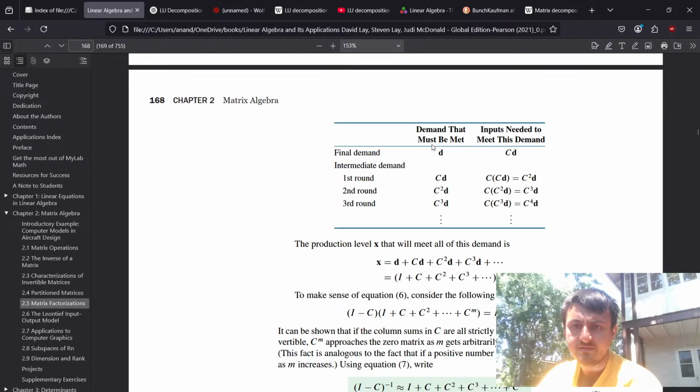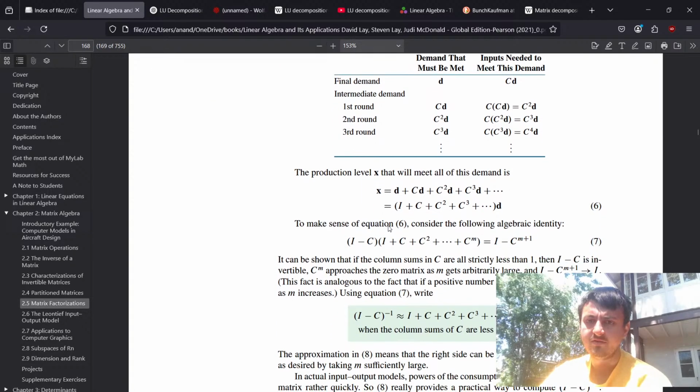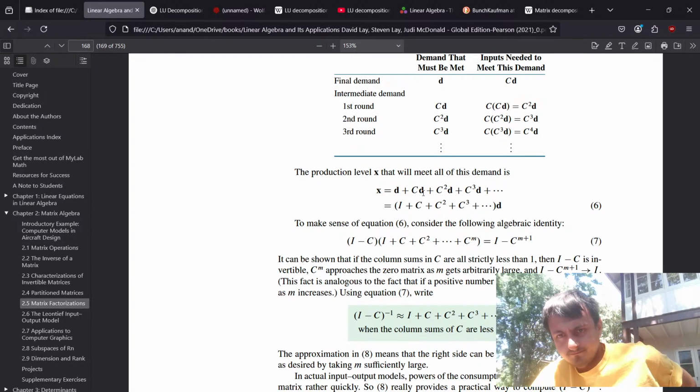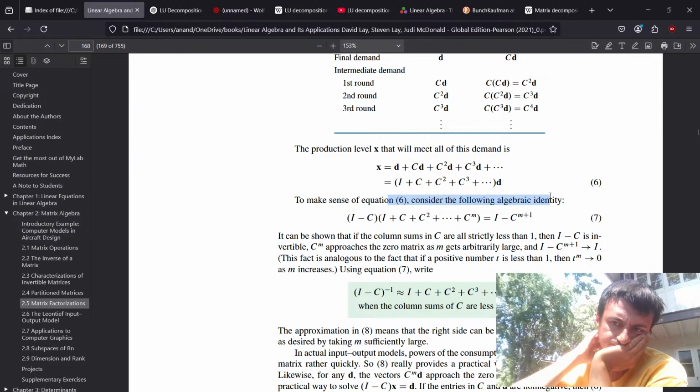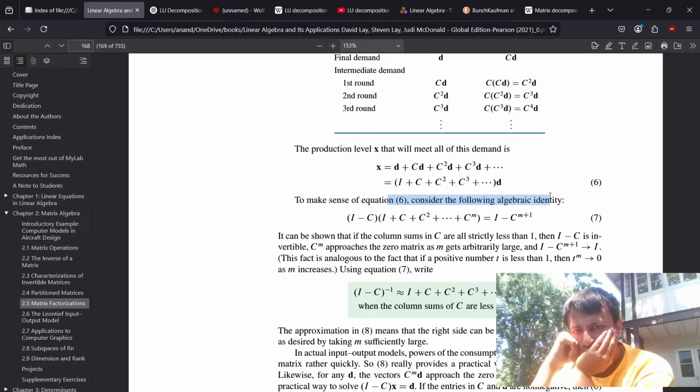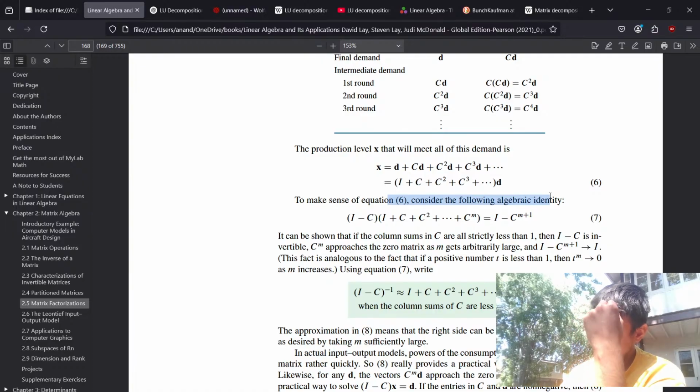We can diagram the production level X that would meet all of this demand. Oh, okay.